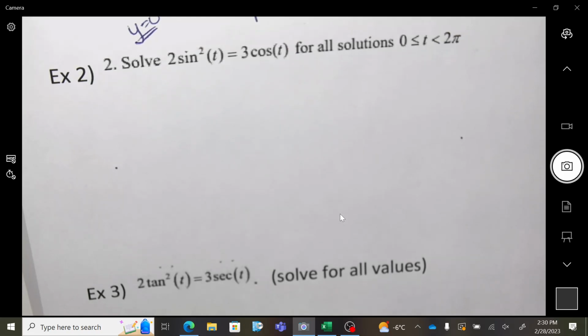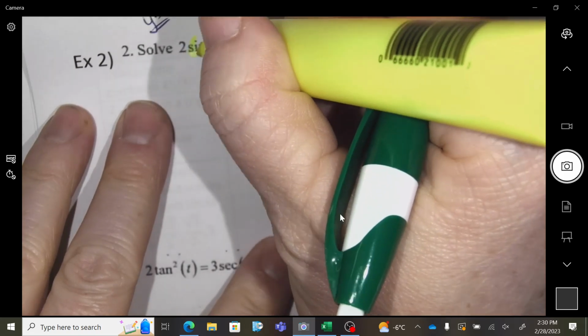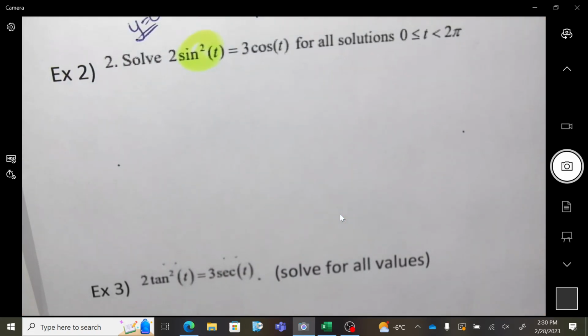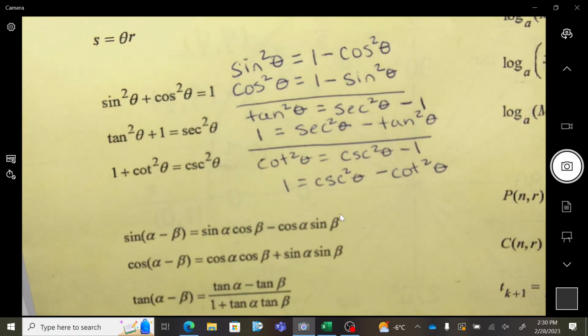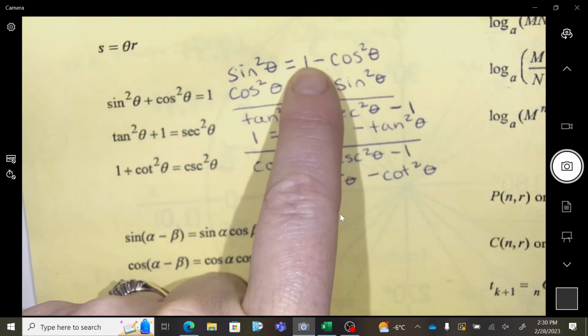That doesn't work for me. Did you pick sine squared to make a replacement for? Okay, it's at the top. We just did it. So this is my replacement right here: 1 subtract cos squared.